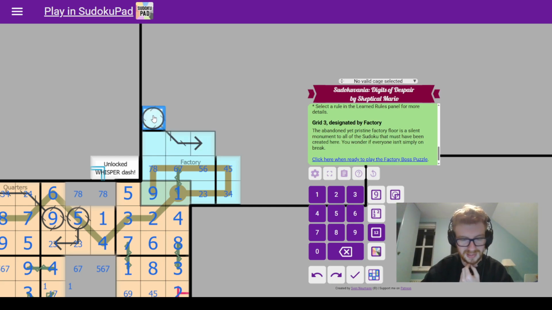So this is a minimum of 6, so it's 6, 7, or 8. If that's 8, then we have 7, 6, 5. Oh, and that breaks every way to make 8, so that's not an 8. It's a 6 or a 7.